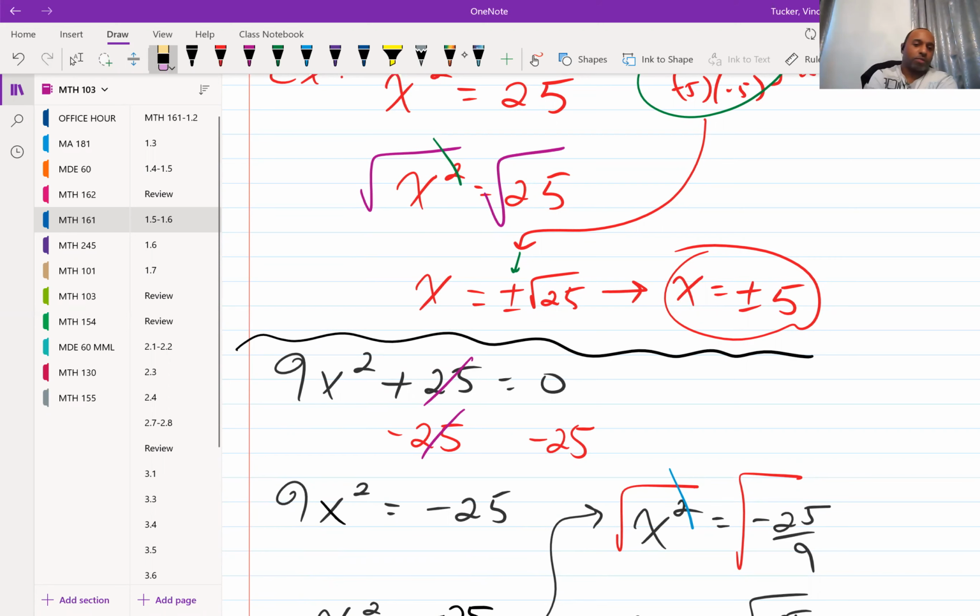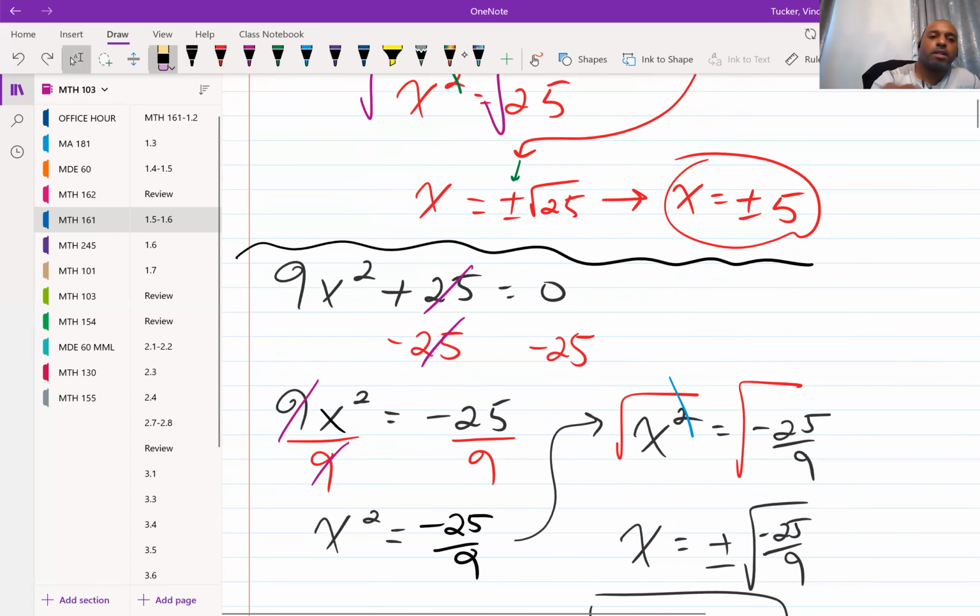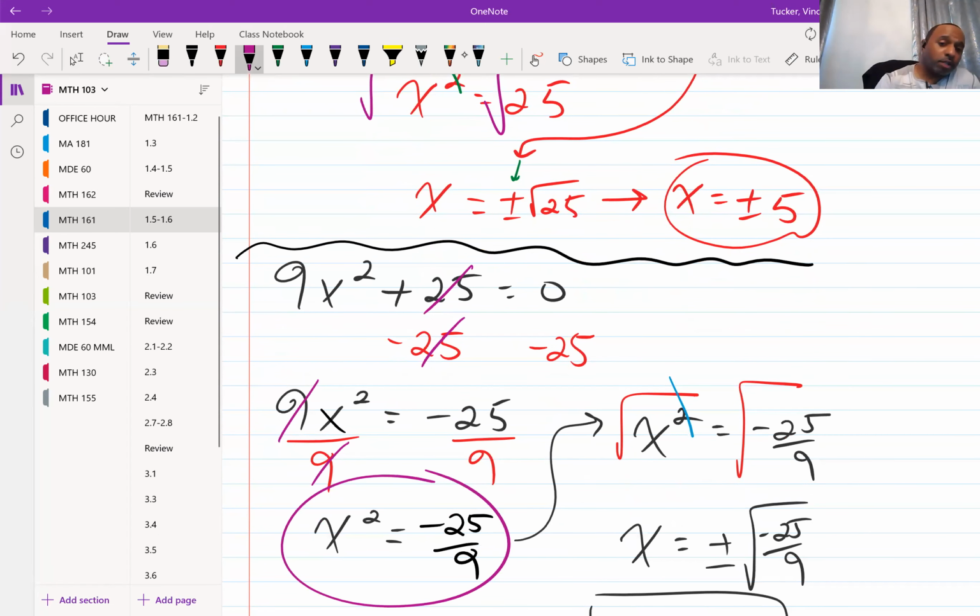That will give you 9x squared equal to -25. And we can divide by 9. That result will give us x squared equal to -25 over 9.